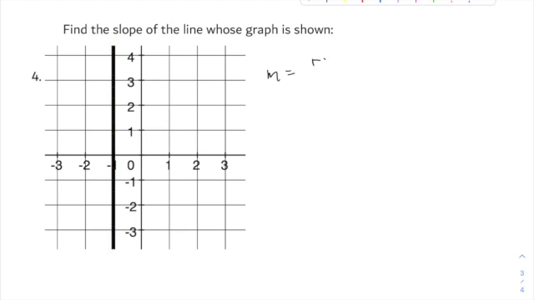So when you think about it as rise over run, until you just basically start to memorize this instantly, from any point, hey, my rise is +1 or -1 or whatever you want to do going up or down, but your run is 0. You're not going left or right at all. So in the denominator, you have 0, and anything divided by 0 is undefined.